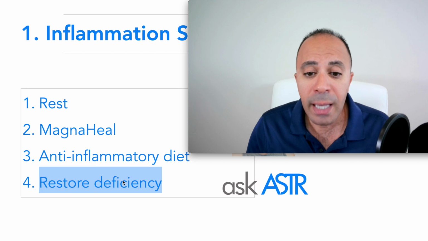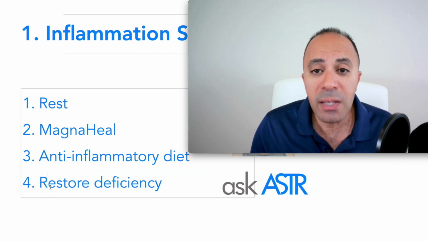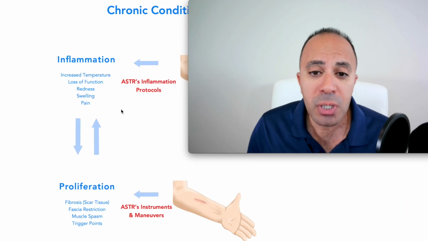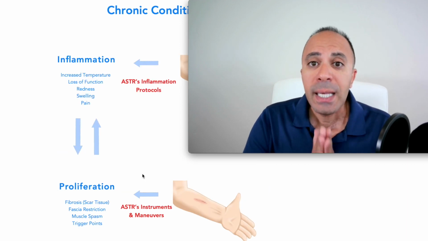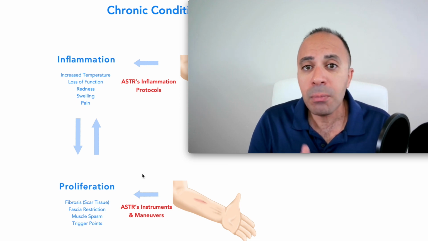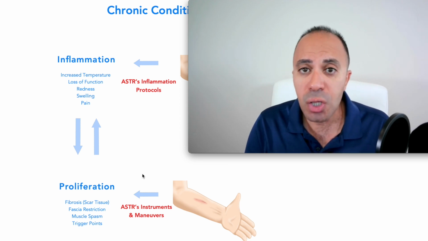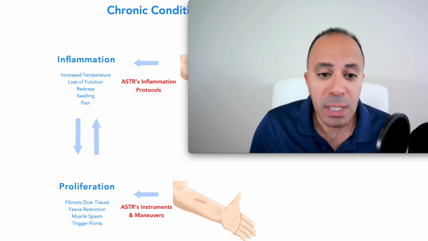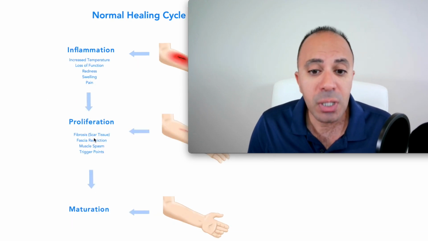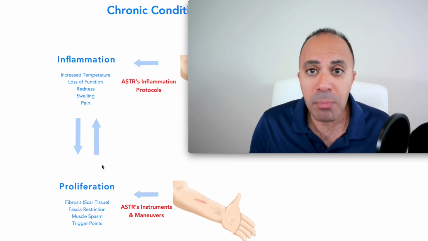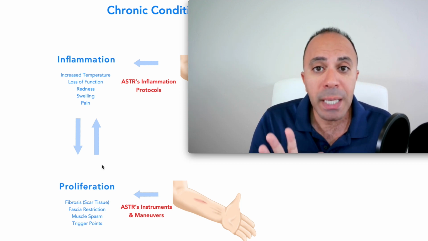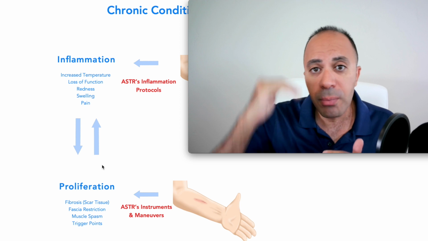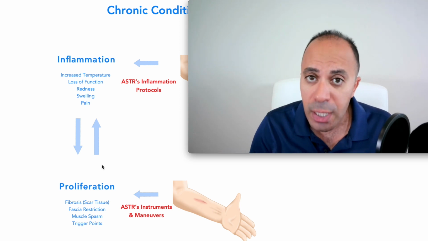The other thing is nutrient deficiency, because it's very common when you're stuck between inflammation and proliferation, going back and forth like that, that your body does not heal because you're missing essential nutrients for your body to transition from inflammation to proliferation to maturation. For example, you need magnesium, you need D, you need zinc, you need C, you need B for your body to go through those stages.